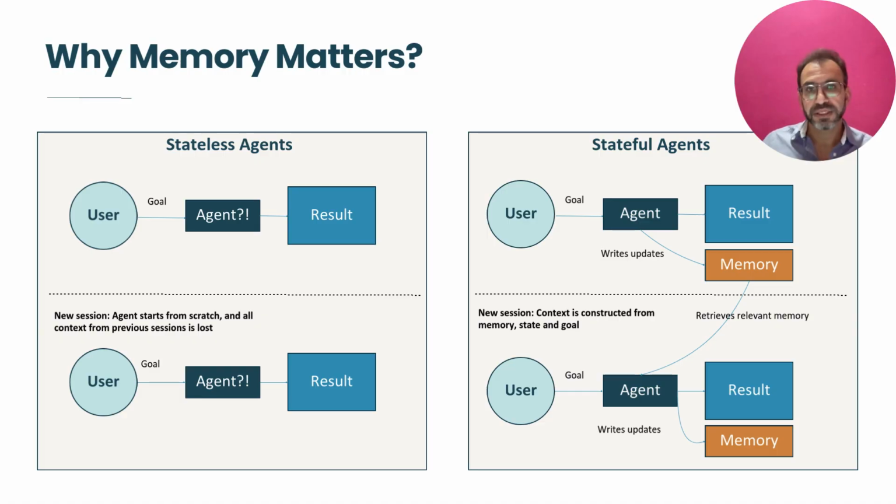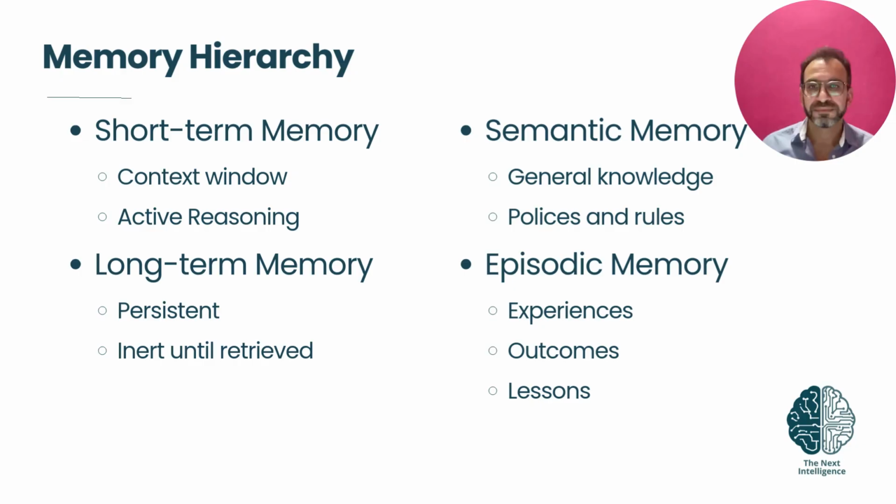And again, it writes updates to the memory. And here we can see the distinction between the two types of agents, one without memory and another one with memory, and how memory enables learning over time, enables continuity, and affects the behavior. And so we can see behavioral change over time from that agent.